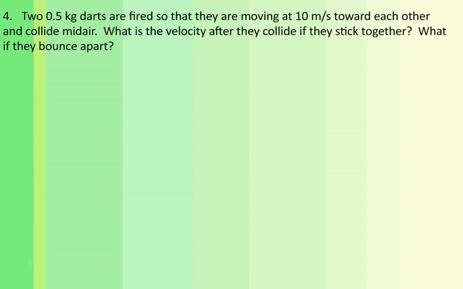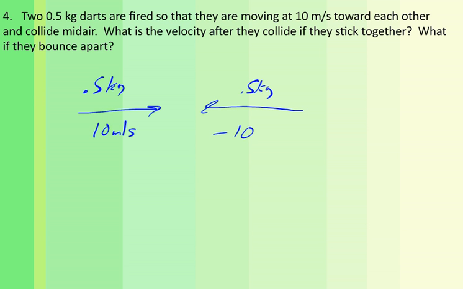The last one, this one's real quick. We're not going to do any work. A 0.5 kilogram dart is fired so that it's moving at 10. So 0.5 kilograms is moving this way at 10 meters per second. Another one is fired towards it, and it's also 0.5 kilograms moving at negative 10.